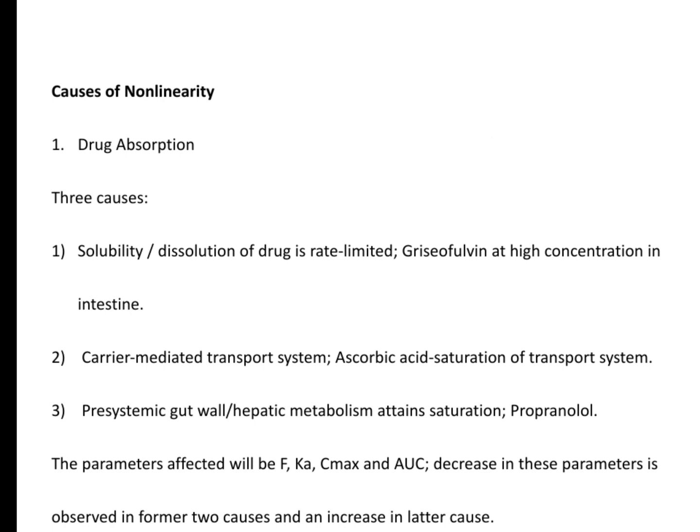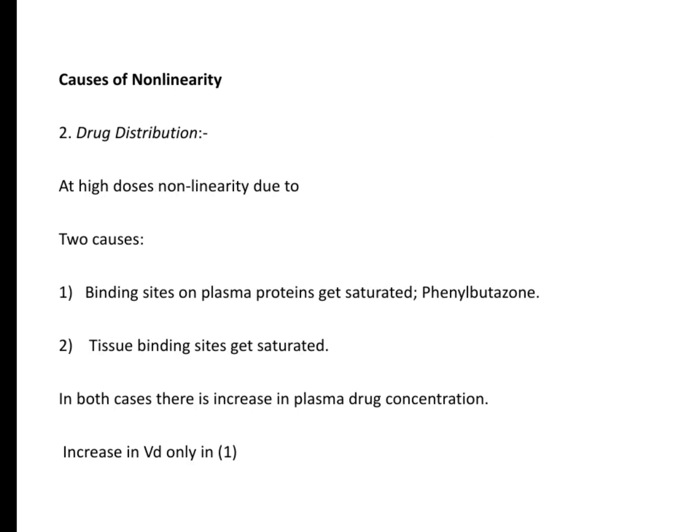Second one, carrier-mediated transport system. Example, ascorbic acid, the saturation of transport system. Third one, presystemic gut wall or hepatic metabolism attains saturation. Example, Propranolol. The parameters affected will be F, Ka, Cmax and AUC. A decrease in these parameters is observed in the former two causes and an increase in the latter cause.